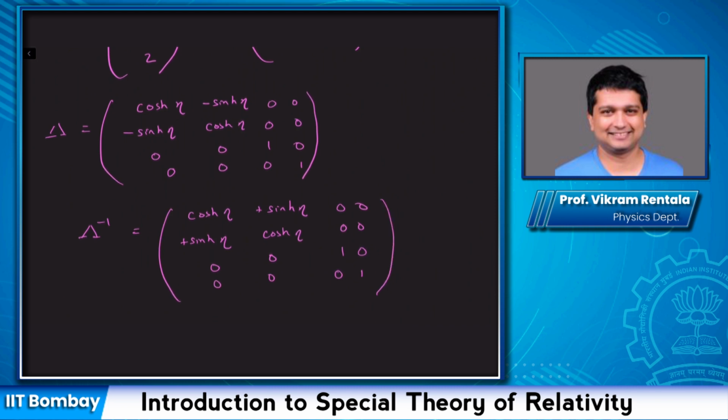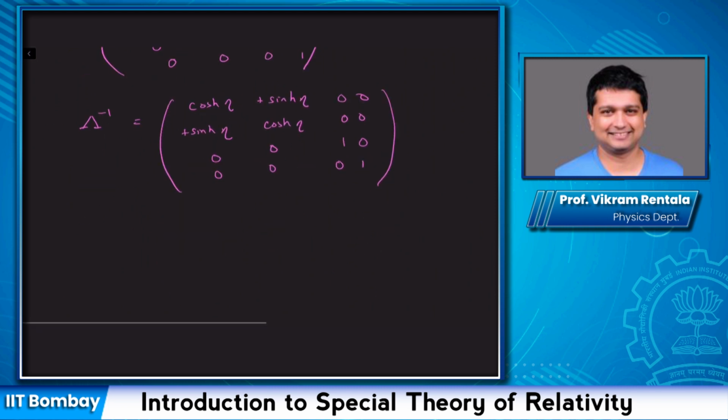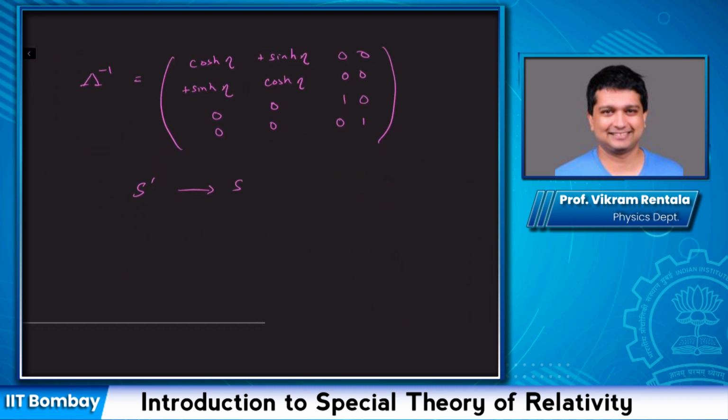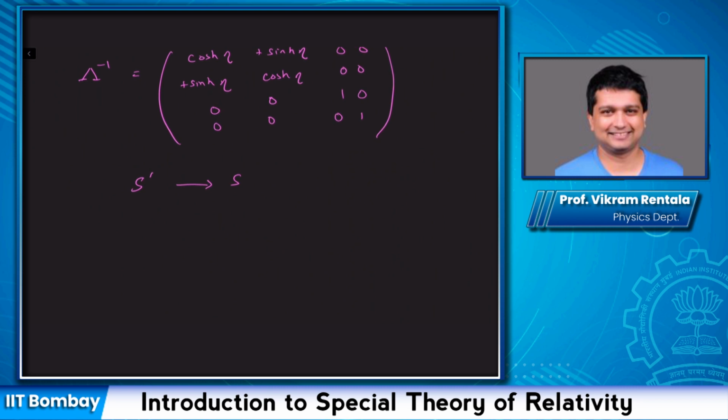So what this tells you is that if I want to go back from observer S prime to observer S, I just need to use the same transformation matrix with parameter minus eta.